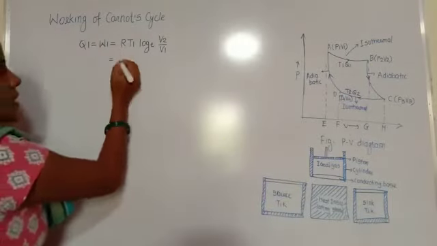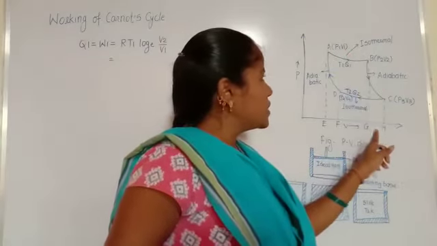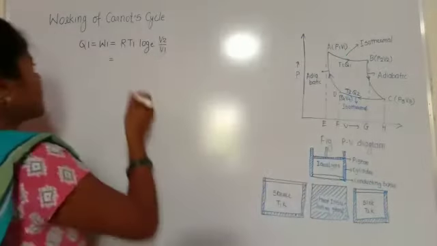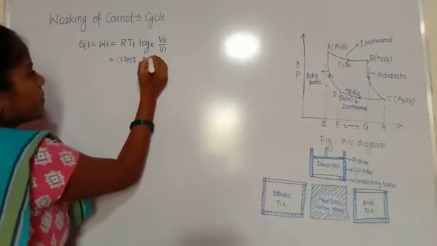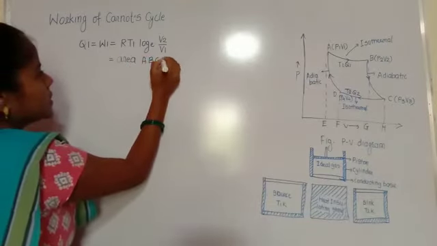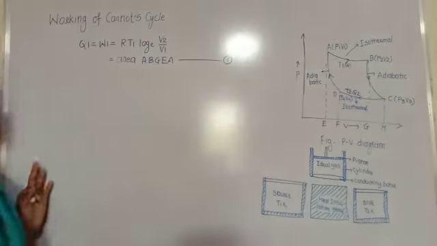This is nothing but the area ABGEA. So this is the first equation for the first operation.